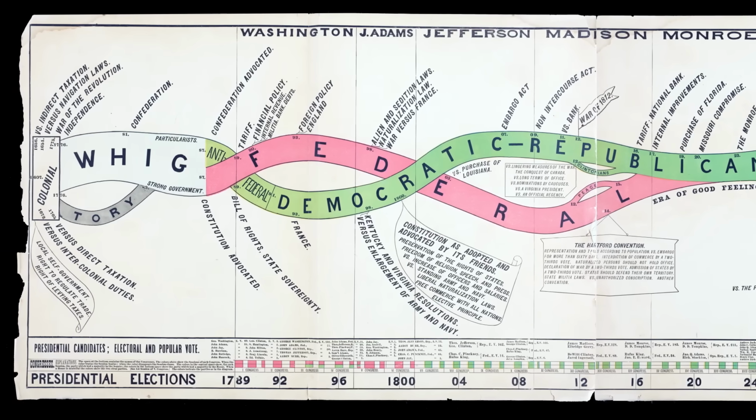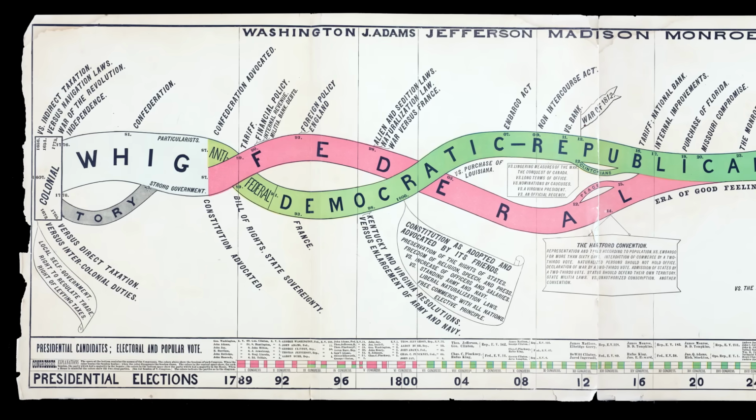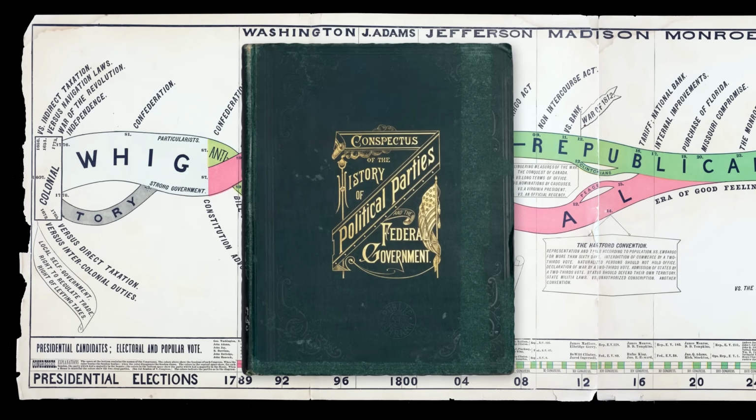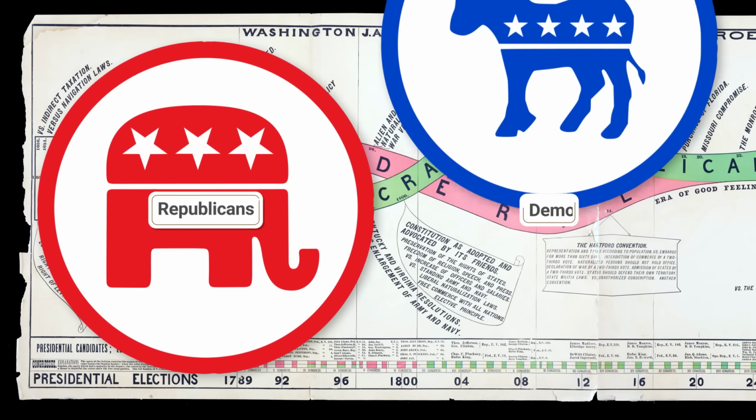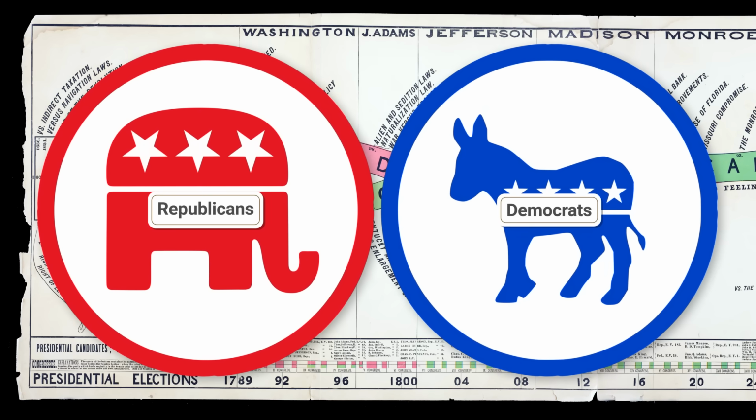US political parties. It was published back in 1880 as a fold-out chart in this book called Conspectus of the History of Political Parties and the Federal Government by Walter R. Houghton of Indiana University. Of course, nowadays, US politics is dominated by the Republicans and the Democrats. But this was not always the case.